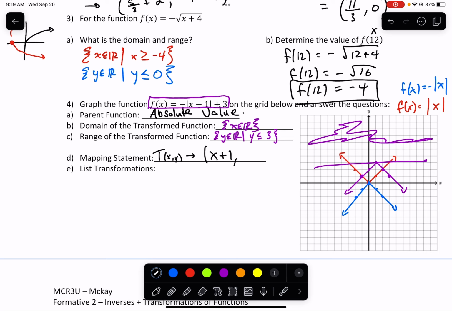That's the reflection. Yes, Owen? Negative y plus 3. Oh yeah, because we're talking about y, but that's okay, right idea. That's your mapping statement. So you could substitute any point on your absolute value graph into that mapping statement, and it would spit out the points on the purple one.